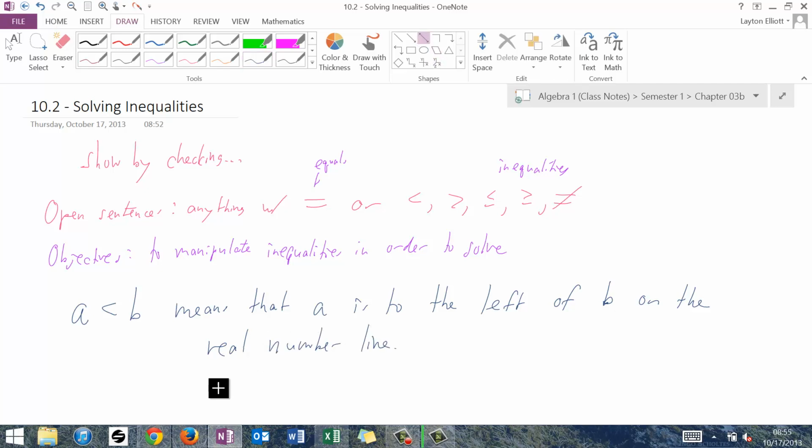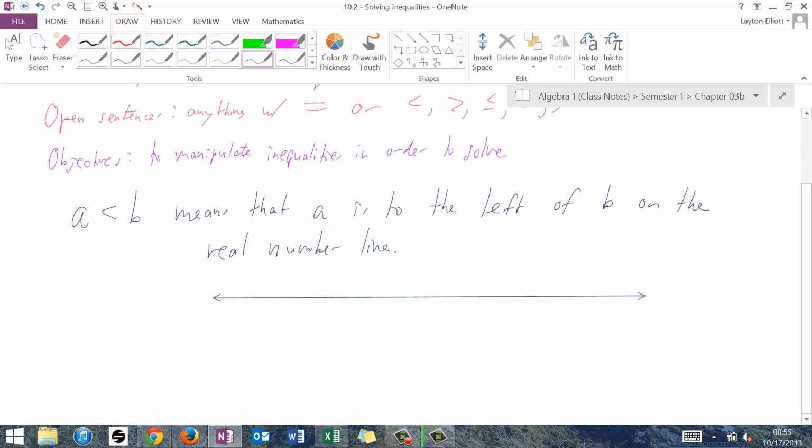And we have worked on the real number line before. And so if A is smaller than B, or less than B, and this symbol means less than, then when I plot it out, I have A here and B there, putting closed points down to represent that I'm talking about just points.